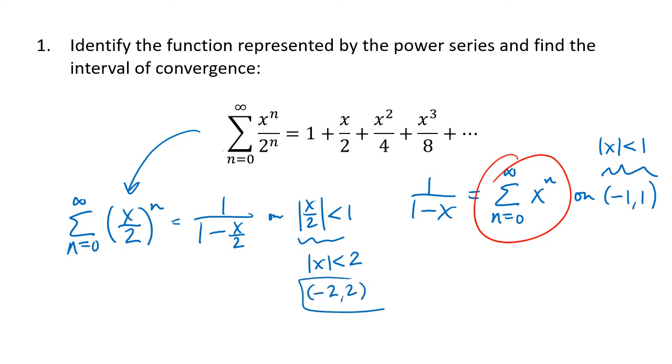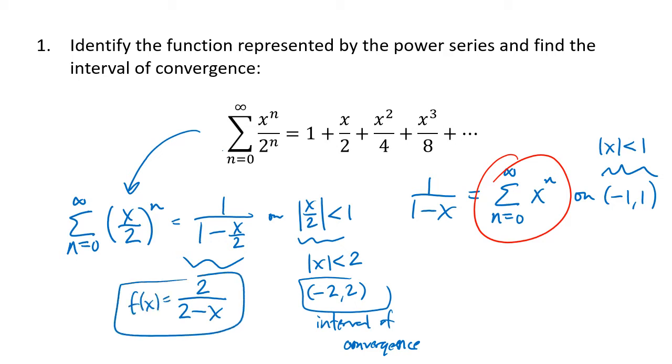That's my interval of convergence. And optionally, I can clean up this formula by multiplying both top and bottom by 2 and rewriting this as 2 over 2 minus x. That's the function we're talking about, and there's our interval of convergence.